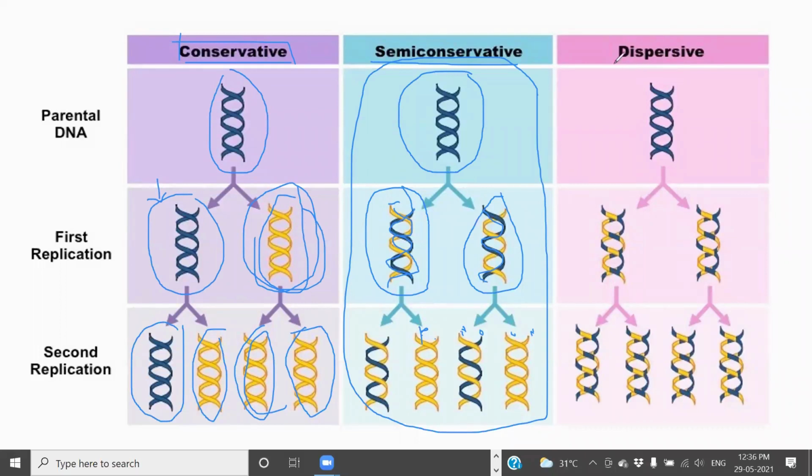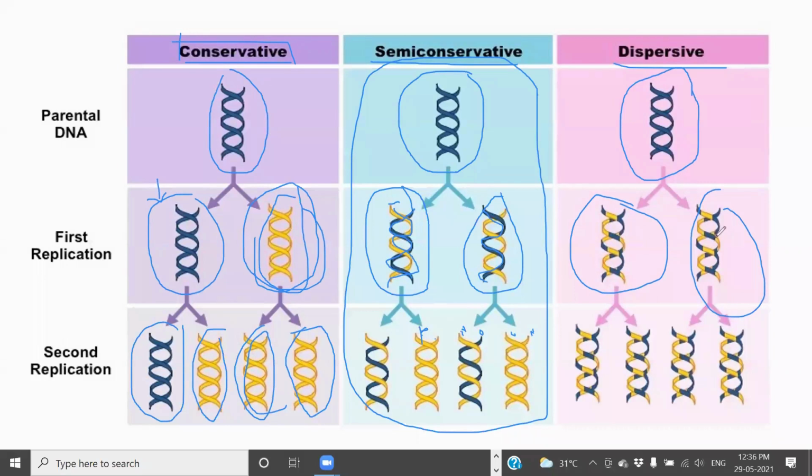While in the third model, the dispersive mode of replication, you can see this is a dark blue color DNA molecule. It gets distributed into the two daughter DNA duplexes like this. Some part of the old or parental DNA and some part newly synthesized.